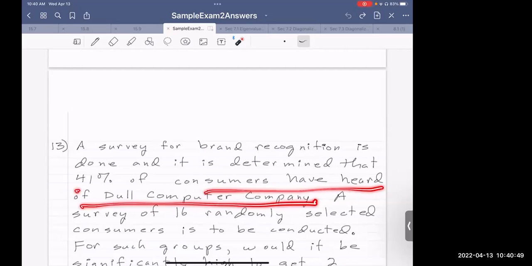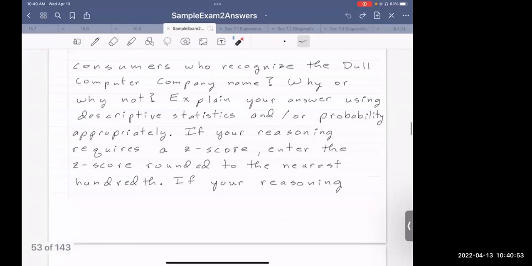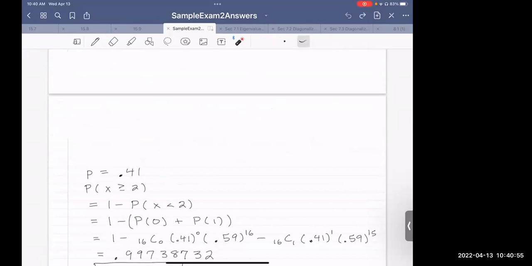And we have a fixed probability of success for each trial, 0.41. I want to find the probability that x is greater than or equal to 2. In this case, it'll be easier to use the complementary event.